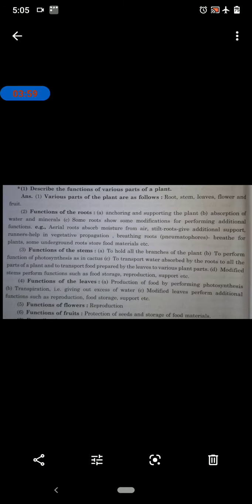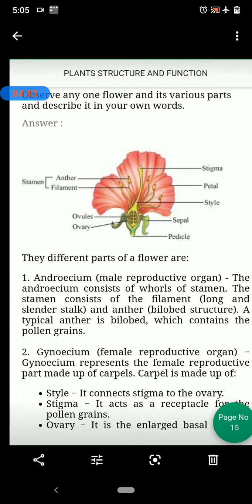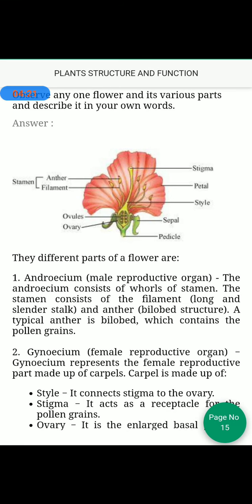Next question we have: observe any one flower and its various parts and describe it in your own words. So the flower we have taken for this question is the hibiscus flower. The students can also write the answer from the textbook page number 14 as it is.